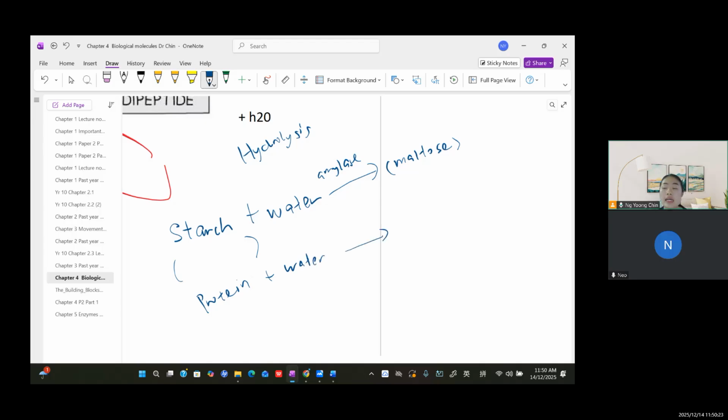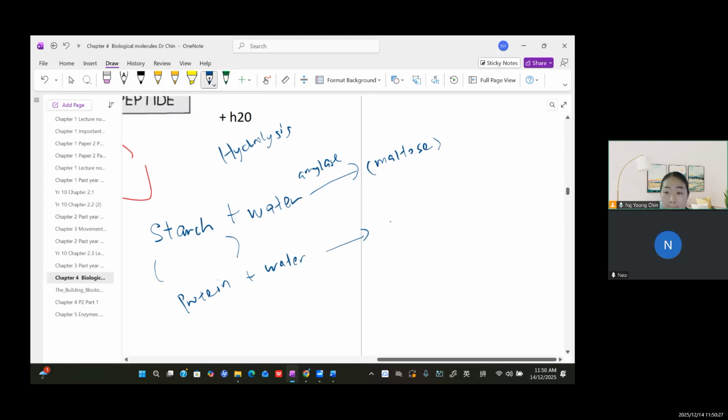So tell me, what kind of enzyme will break down the proteins? Protease, right? Yeah, protease. I think you learned about a few proteases before, which are trypsin and pepsin.